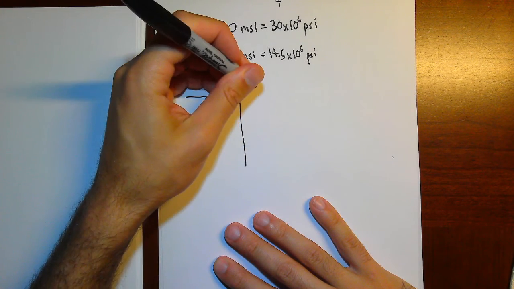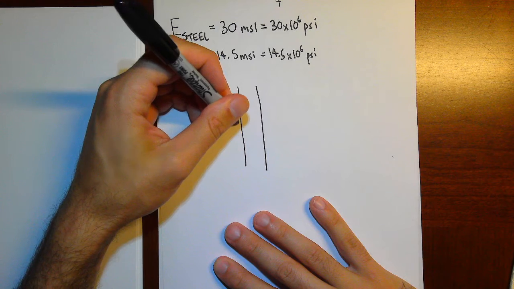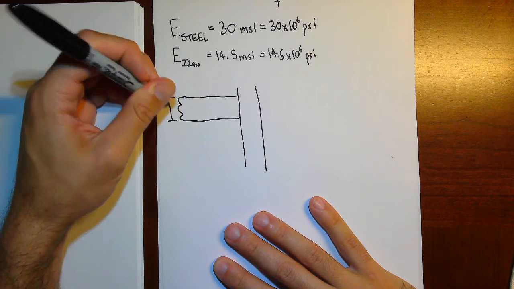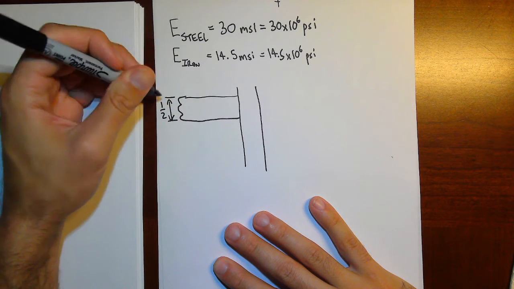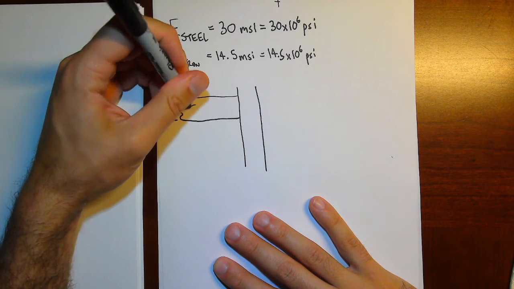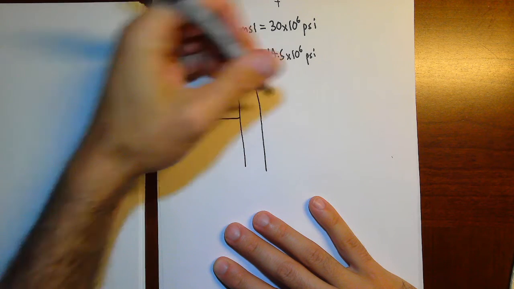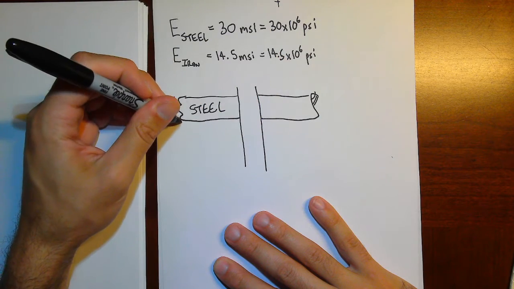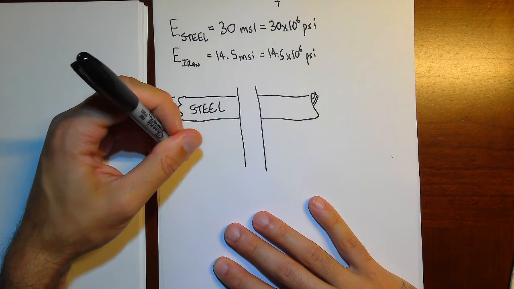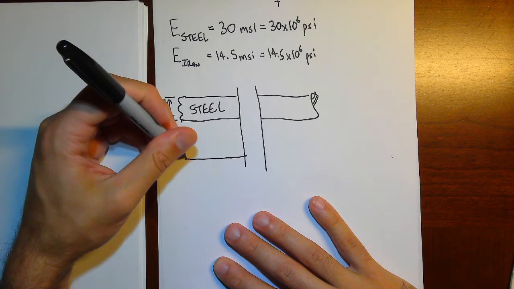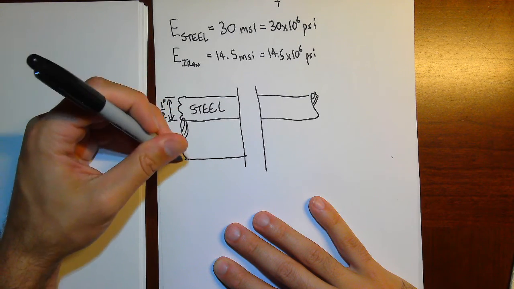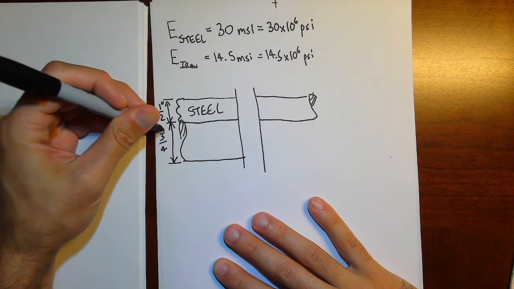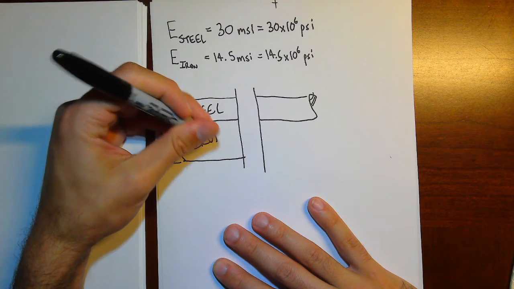There's our bolt going through the middle. Have a 1/2 inch thick plate of steel. We have a 3/4 inch thick, not to scale, not to scale at all, piece of iron.